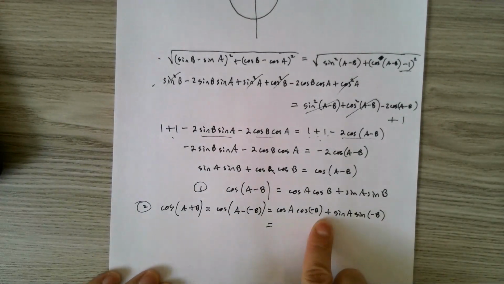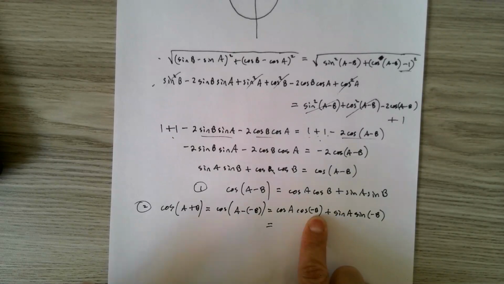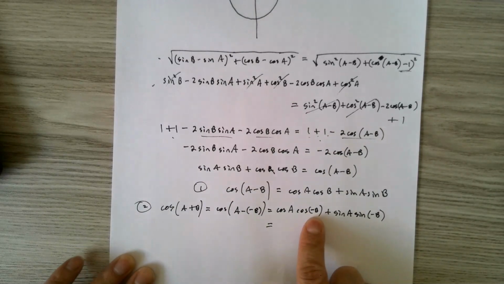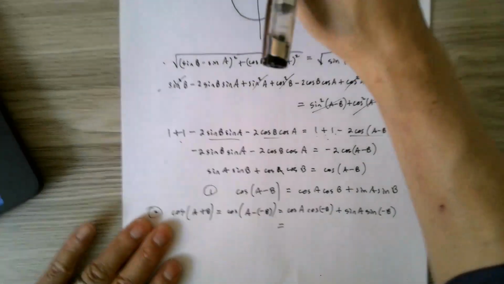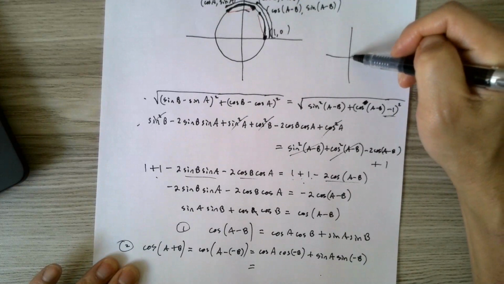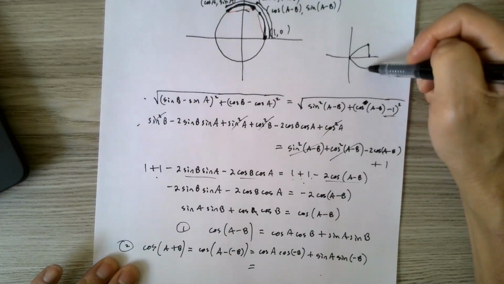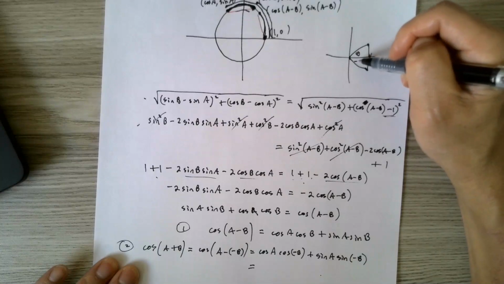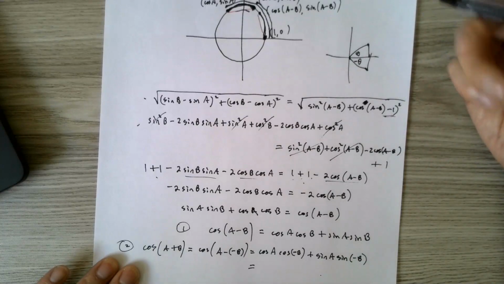Now, if you think about the unit circle, the cosine of an angle or an arc is going to give you the same value as the cosine of negative that same angle or arc. I can illustrate it up here. This angle and this angle. If this is theta and this is negative theta, they're going to give you the same cosine value.